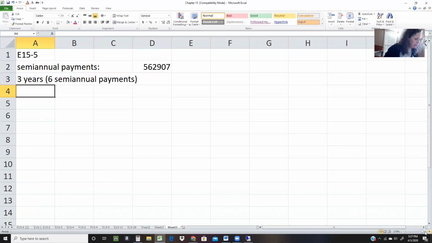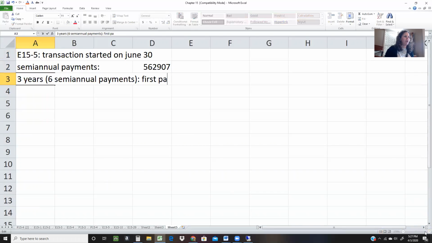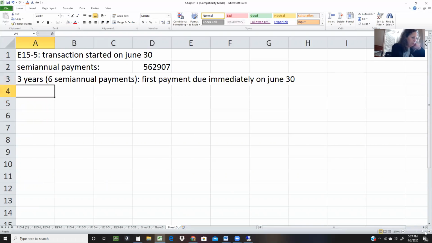Okay, what else? On June 30th and December 31. So it started on June 30th. First payment due immediately on June 30th. Borrowing rate is 10%.